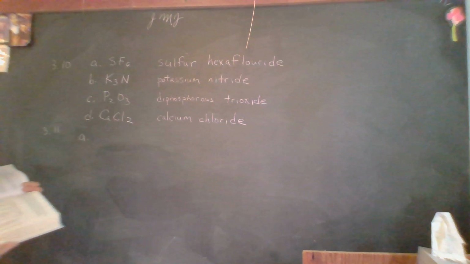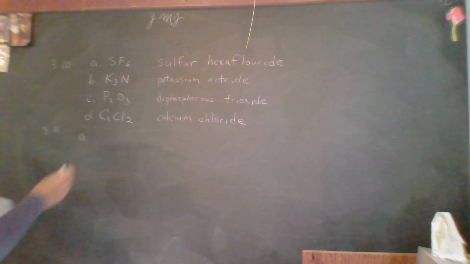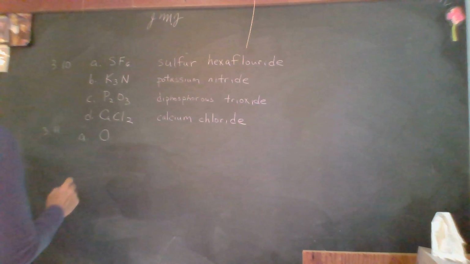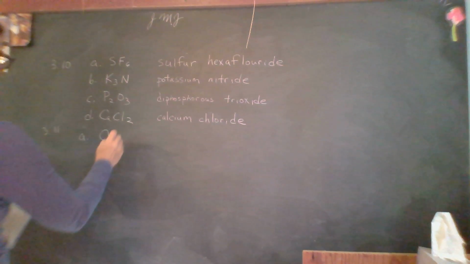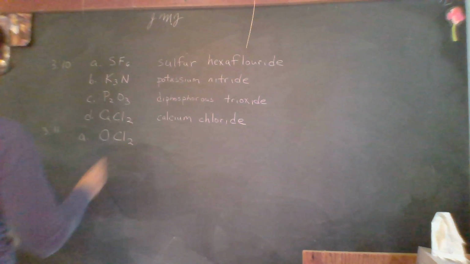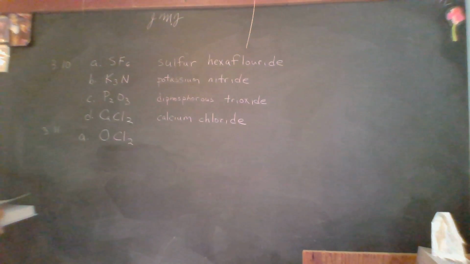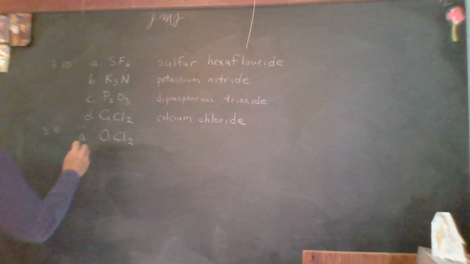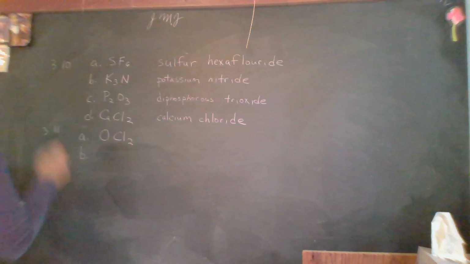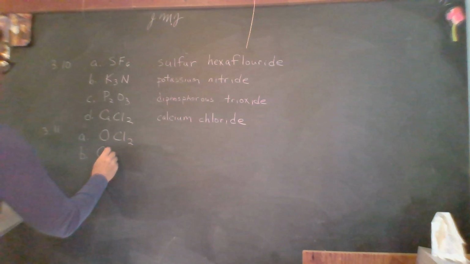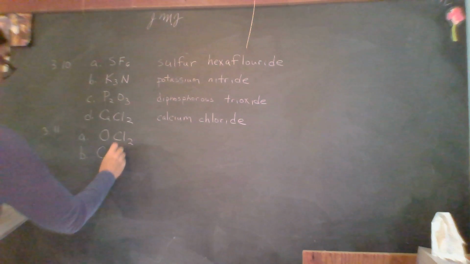Well, the oxygen without a prefix tells us that it has only one oxygen atom, and dichloride, okay, OCl2. And what is the second one? Here it is. Dicarbon dihydride. Okay, that tells us that the carbon has 2 and the hydrogen has 2.